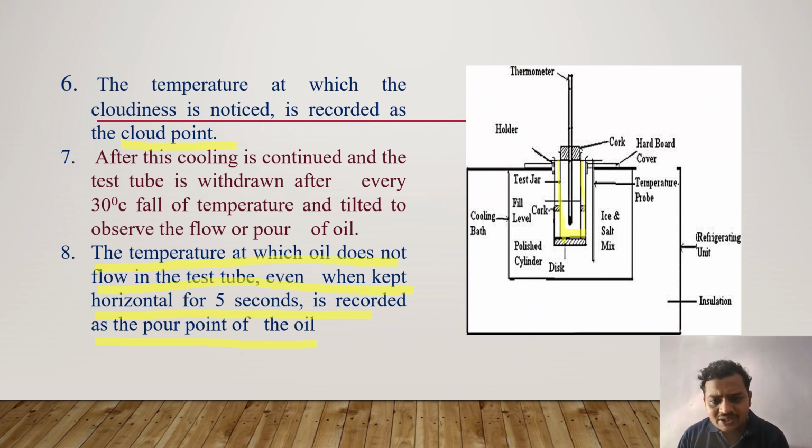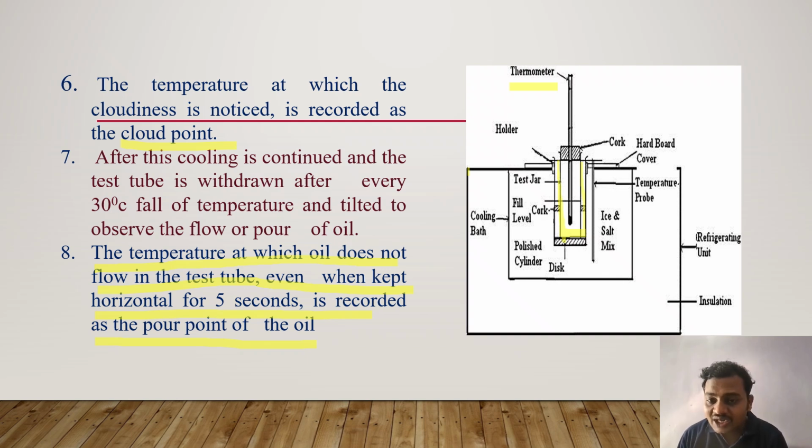So in this apparatus, we have to label and mention the thermometer which is used to record the temperature of that oil. Then it is kept in the test tube which has a flat bottom in which oil is kept.